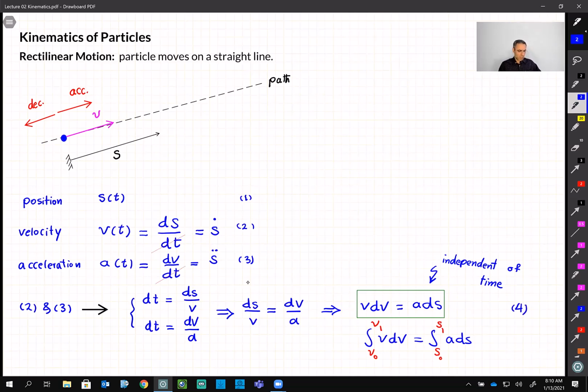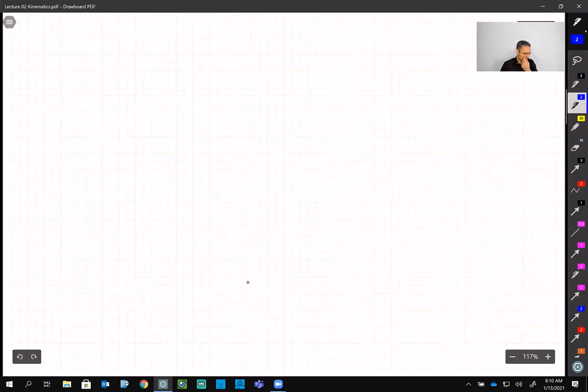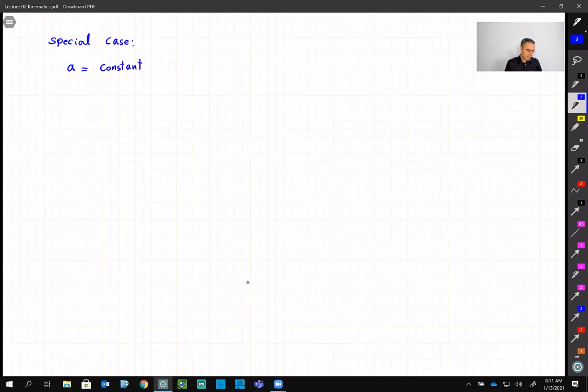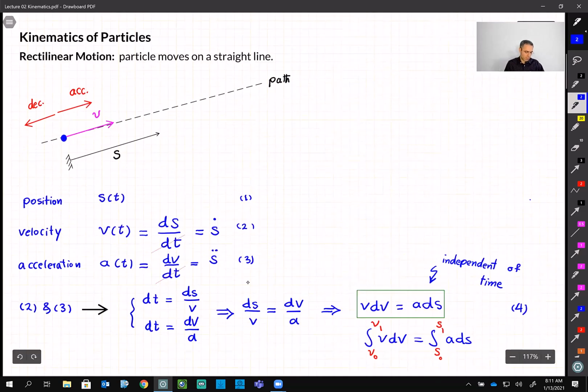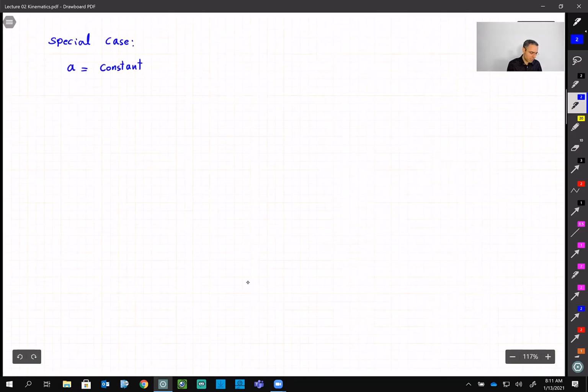Okay. So let's consider a very special case: when acceleration is constant, so a is constant. Again, a review from your physics. We go back to the formulas that we have. We have position, which is s.